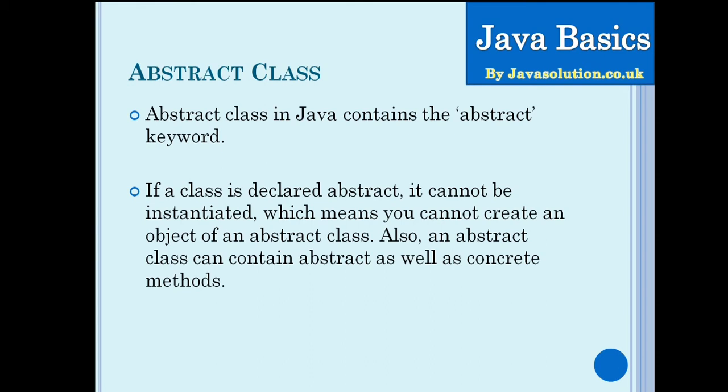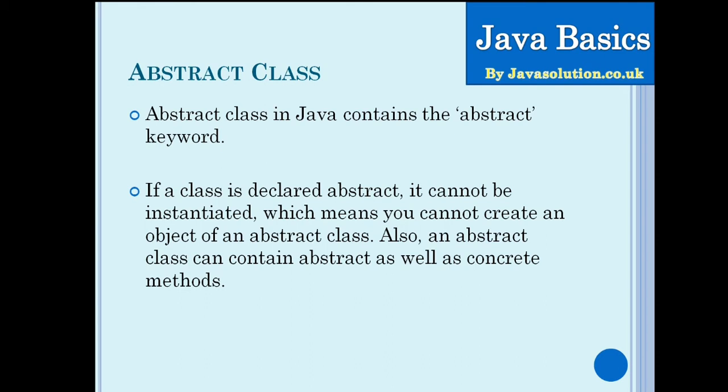An abstract method means it will not have any body, any steps to execute, and only classes which inherit that abstract class must provide the body for those methods. But it can also have a concrete method, and a concrete method means it will have an implementation of the method.